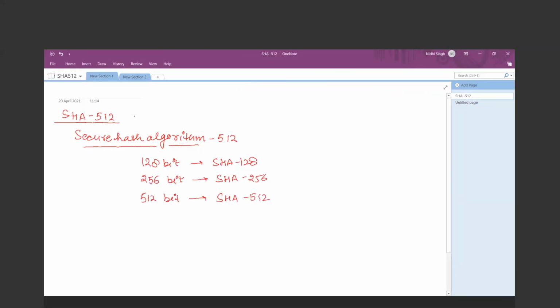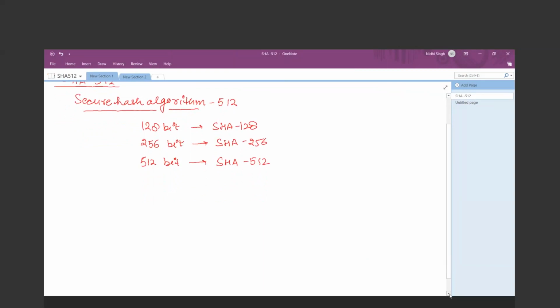A few points I want to depict before proceeding to the algorithm steps. The first thing is the plain text. Generally my plain text is nothing but a message. But for processing, my plain text is termed as a block size. So we have to divide my message into plain text blocks, and the block size is restricted to 1024 bits.